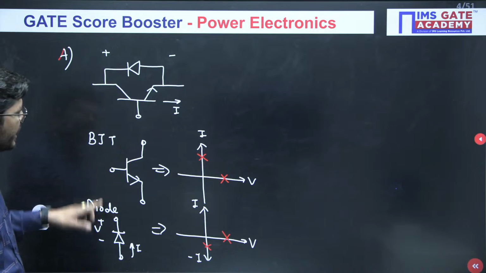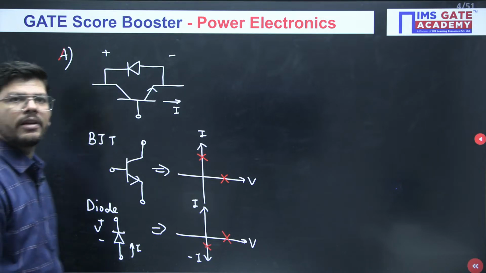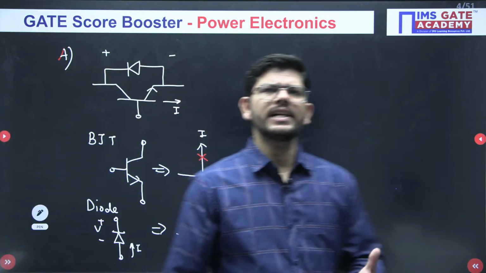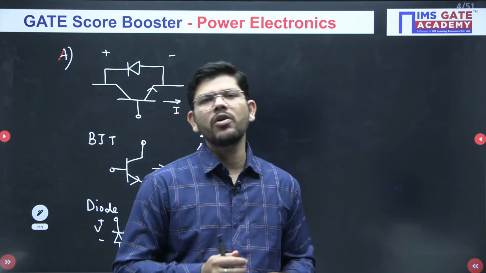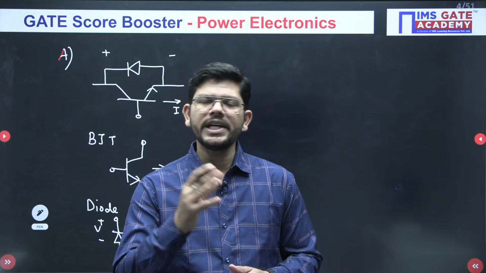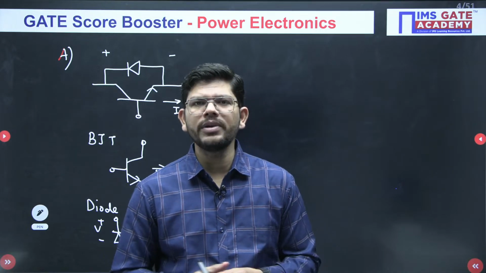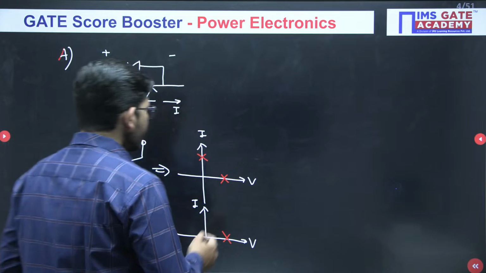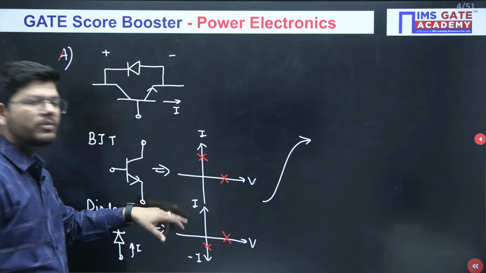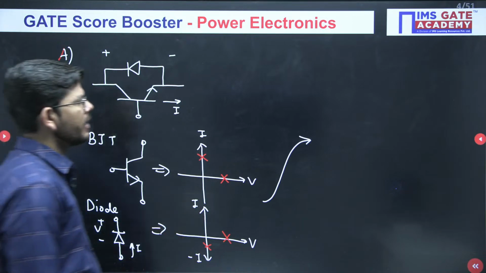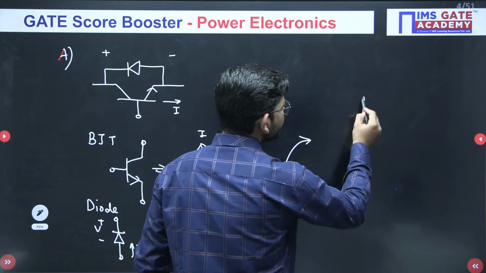Okay. Now if you see BJT and diode, they are connected in parallel. When any two elements are connected in parallel in electrical concepts, what do you know? The voltage has to be the same, but the current has to be different, isn't it? So if we take the parallel combination of these two switches, we have to take the same voltage but different current.